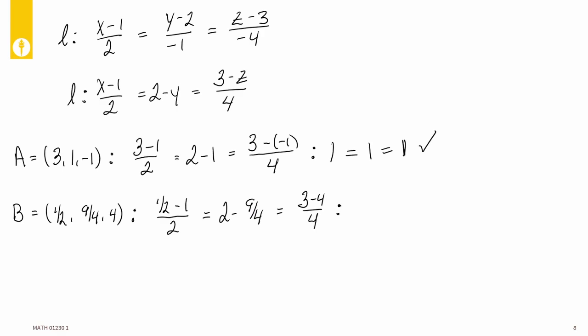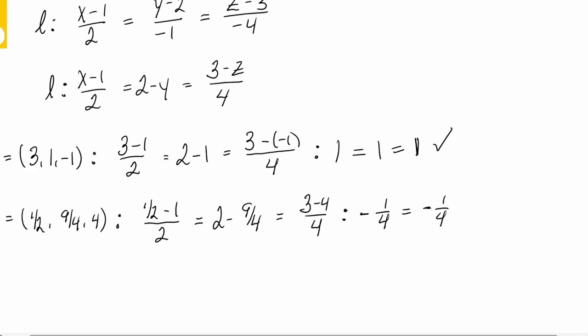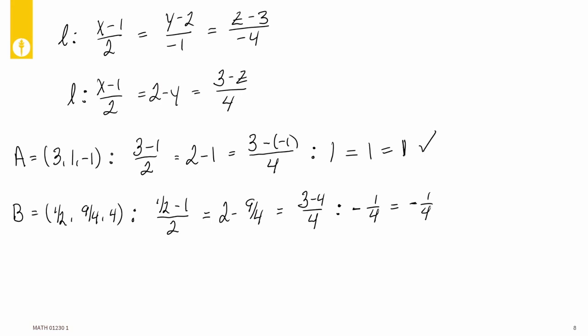What's a half minus 1 divided by 2? 2 minus 9/4 is negative 1/4, or negative 0.25. What is 3 minus 4 divided by 4? Yeah, negative 1/4 equals negative 1/4 equals negative 1/4. B is on the line.